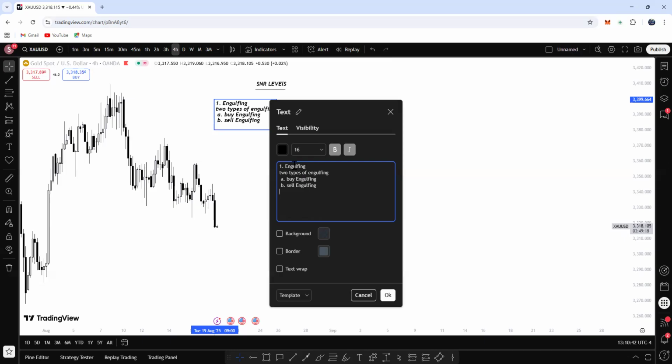Then number two, we have the classic support and resistance. That's classic SNR.